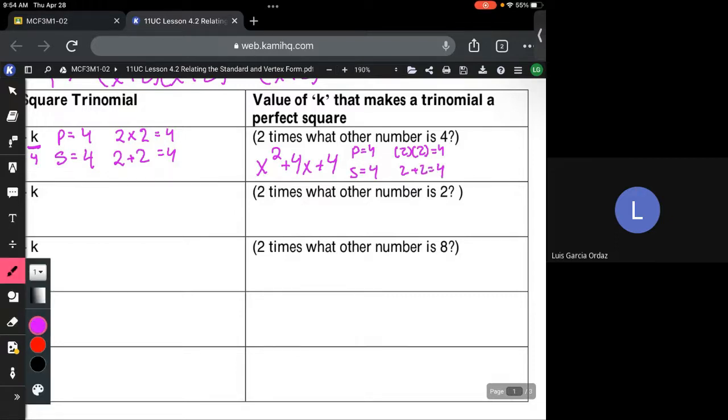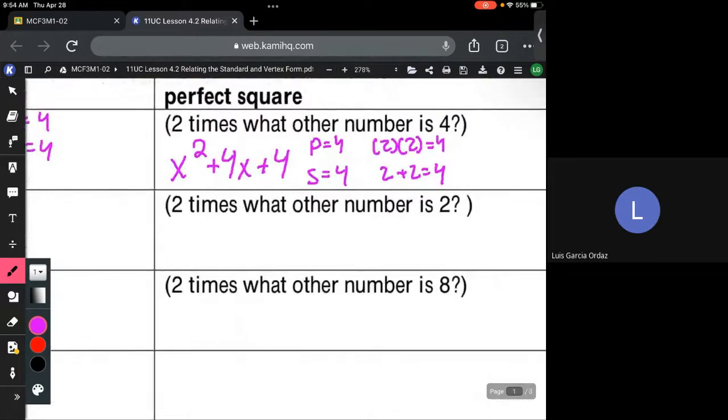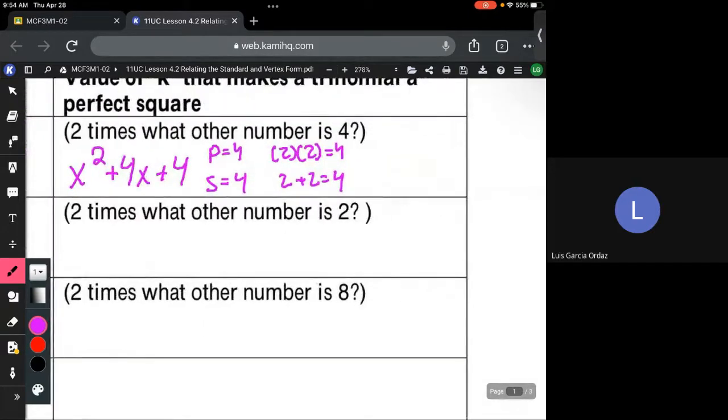Jade? x squared. Not x squared. What are the numbers that we used? Oh, sorry, 2x plus 4. Nope. Alicia? x plus 2 squared. Yep.